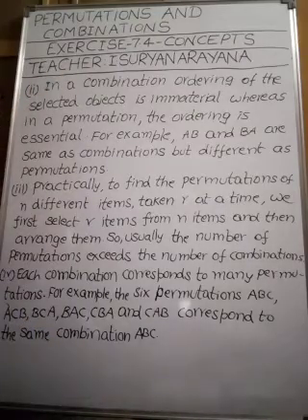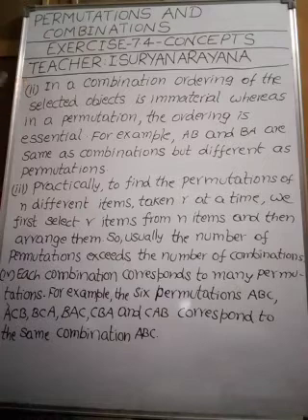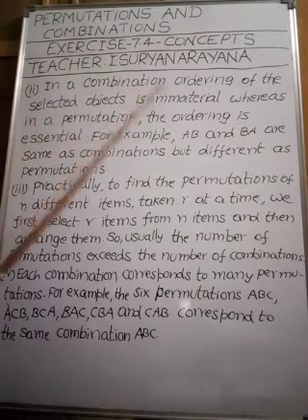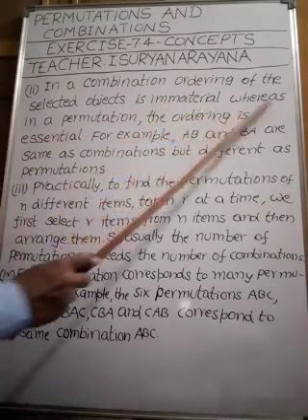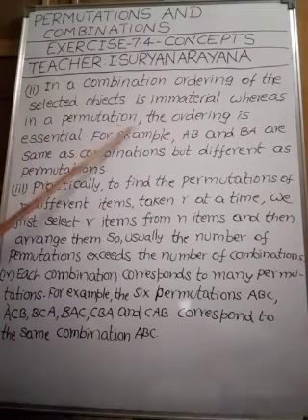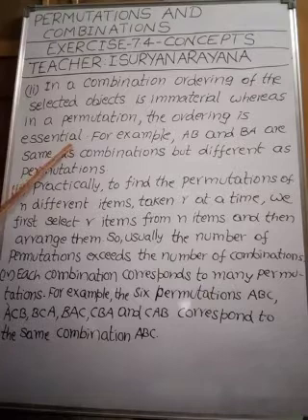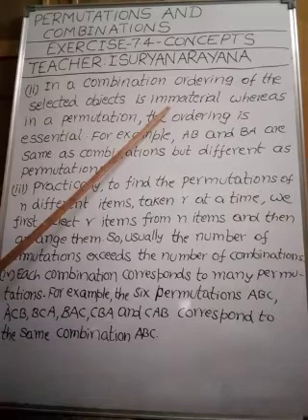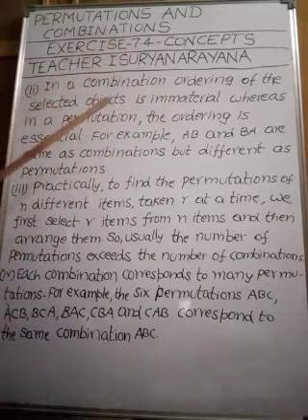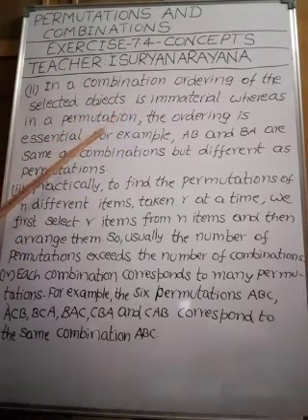Now come to the next difference, my children, between permutations and combinations. Second difference. In a combination, ordering of the selected objects is immaterial, whereas in a permutation, the ordering is essential. In permutations, order of the objects is very important, whereas in combinations, order of the objects is not important, it is immaterial. Understood this point, my dear children? To understand this well, let us take an example.